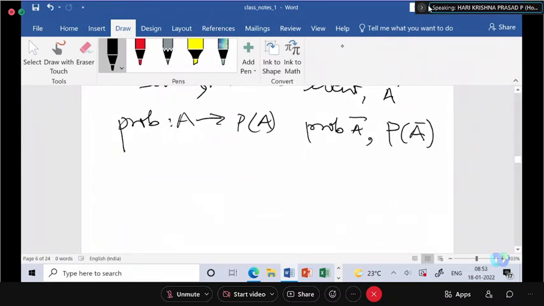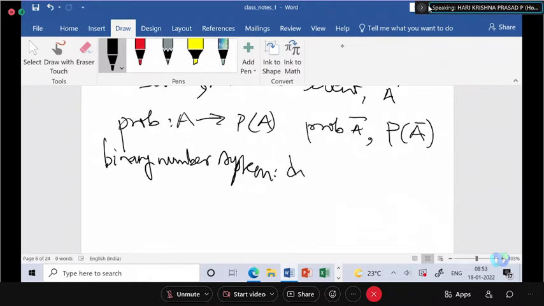Now let me quote one example over here. We all know the binary number system. In binary number system, how many distinct symbols are available? Two.